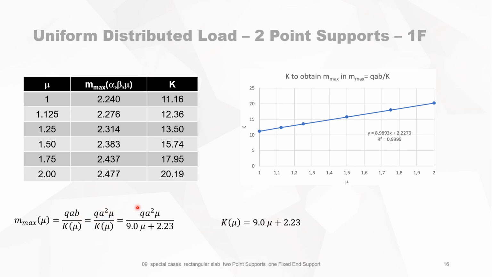So everything is expressed as Q A squared times mu divided by the coefficient K mu. So now this is an easy expression to calculate the maximum bending moment of each situation. For a square slab, for instance, mu is 1, so M max is Q A squared divided by 11.23.